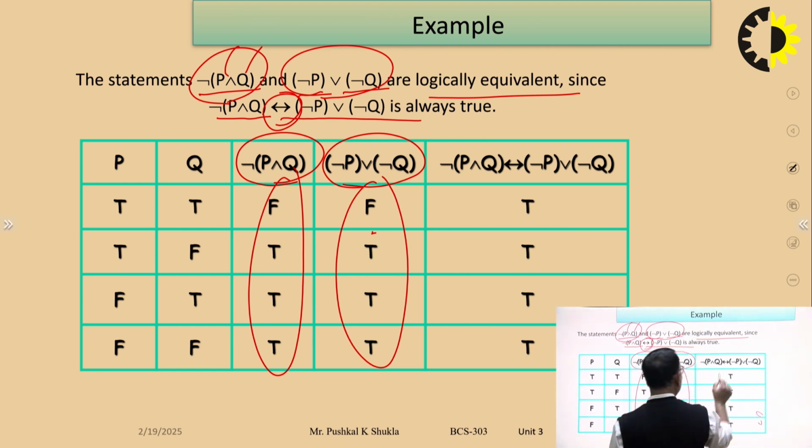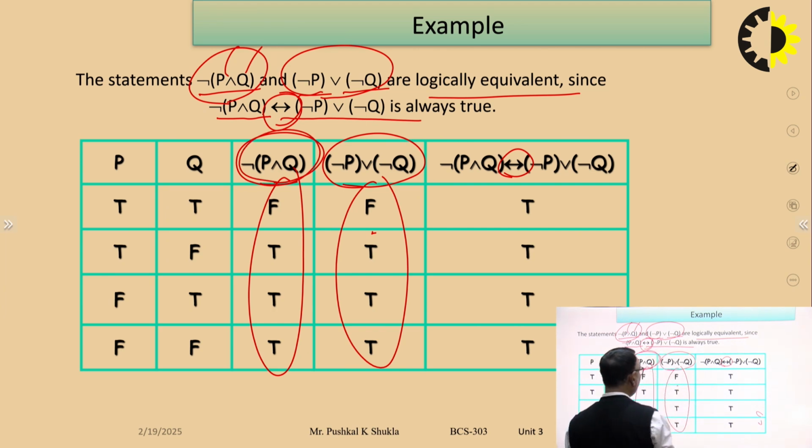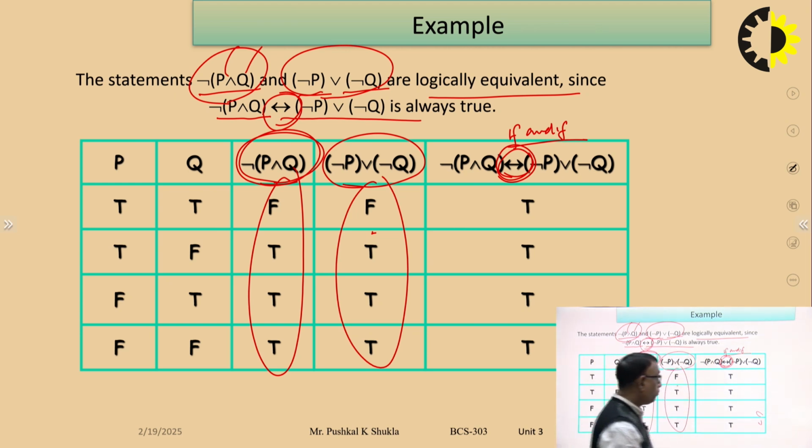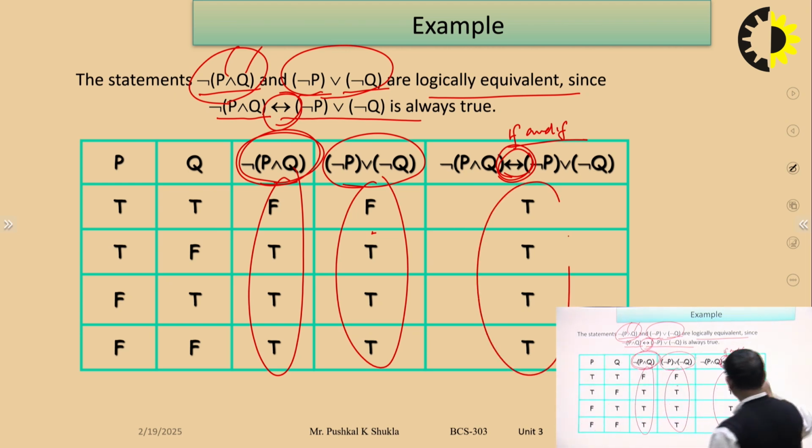The logical operator is if and only if, the biconditional operator, and we make a truth table for this, and if we get all the truth values true, then we can say that these are logically equivalent. So both ways we can show it.